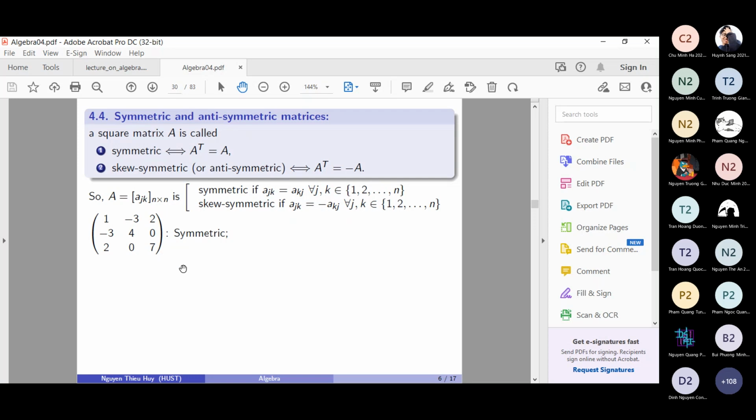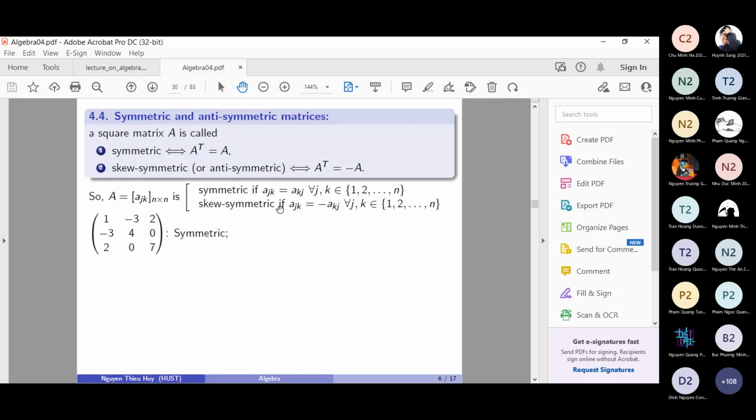And similarly for skew symmetric, but now we do not have equality, we have the opposite. But let's see the case when j equals k for the skew symmetric.